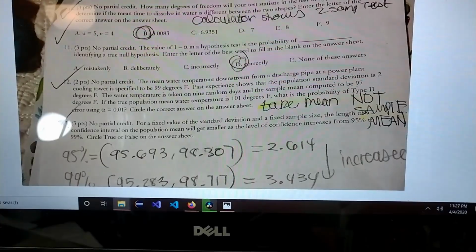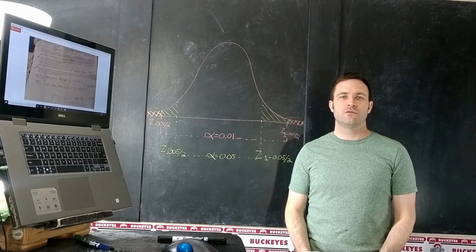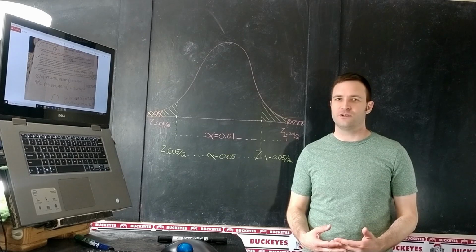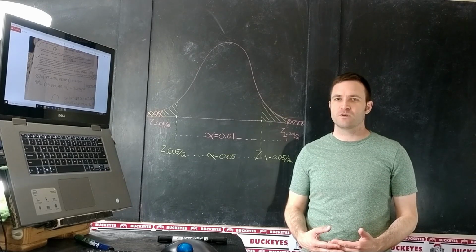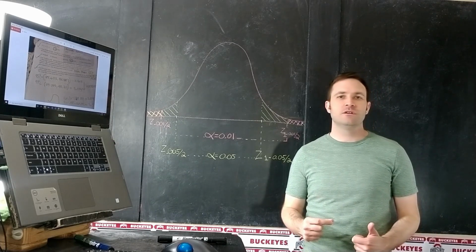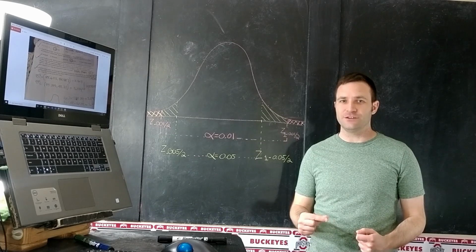So let's take a look. The question asks for a fixed number of samples, and thus for a fixed sample standard deviation, if the length of a confidence interval gets smaller as the level of confidence increases.